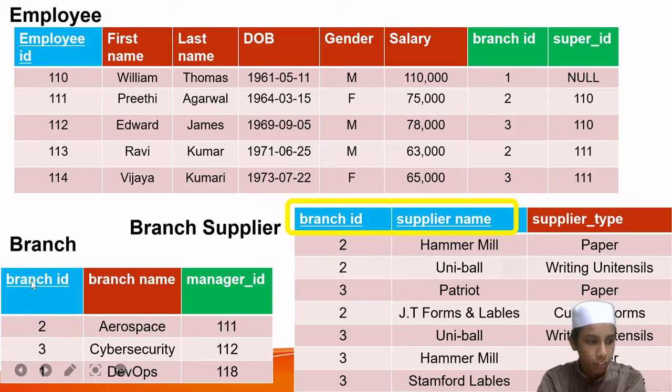Only both of them together can uniquely identify each row. When they are meeting together, they can uniquely identify each row. So when they are apart, they can't identify that.